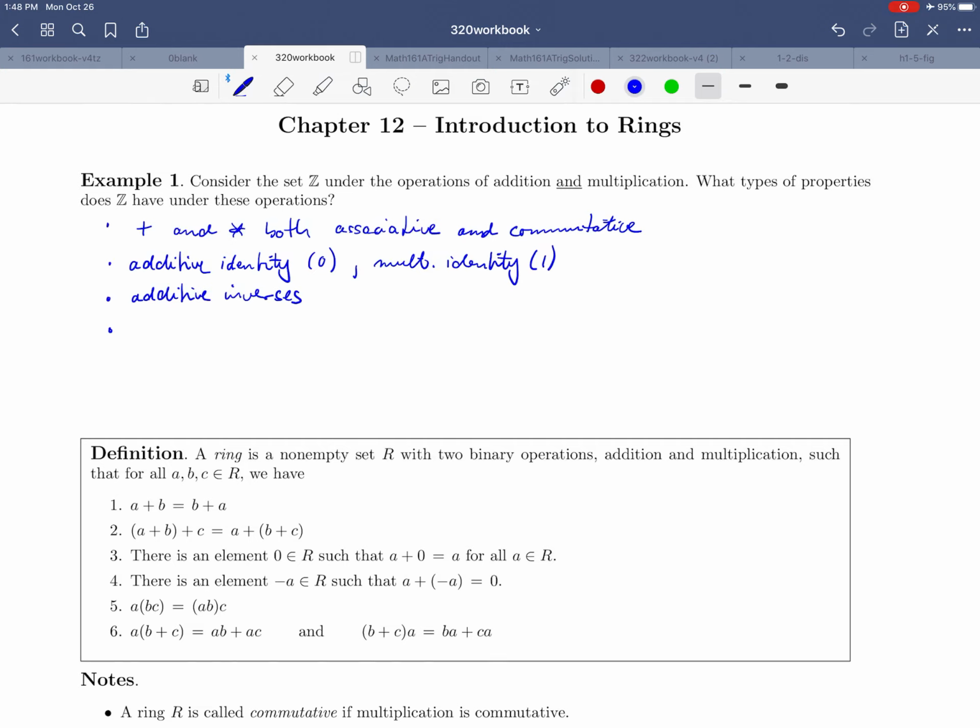And one thing that we haven't encountered yet, talking about groups, because we only had one operation available, is a property that combines both operations, and that is distributivity.